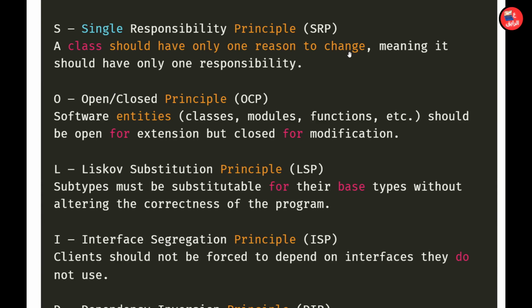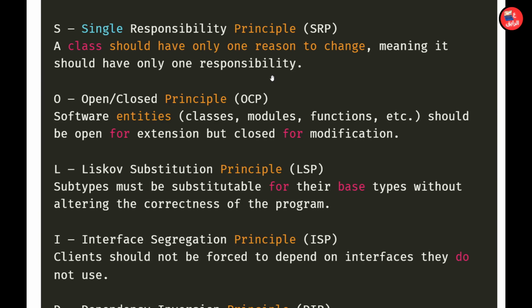This principle says that when you code, okay, your classes should have only one reason to change. When you need to change something in a class, you just have one reason to go through this class to change something, meaning it should have only one responsibility. This makes every class clear, okay? Every class has one responsibility.